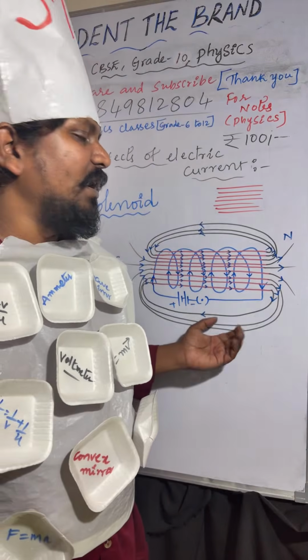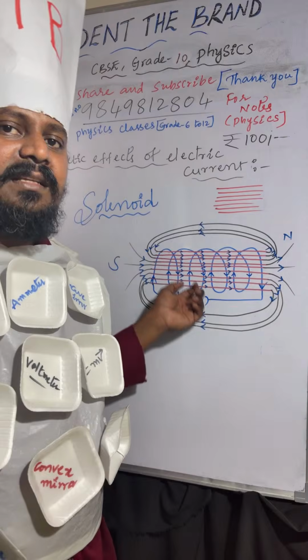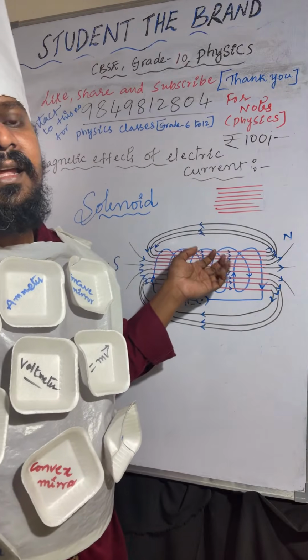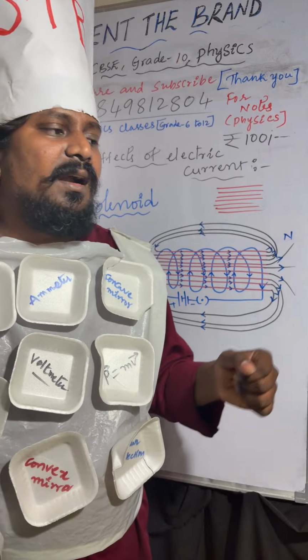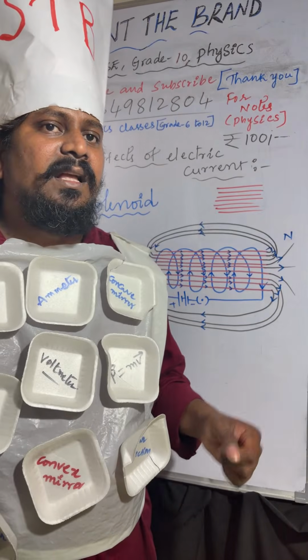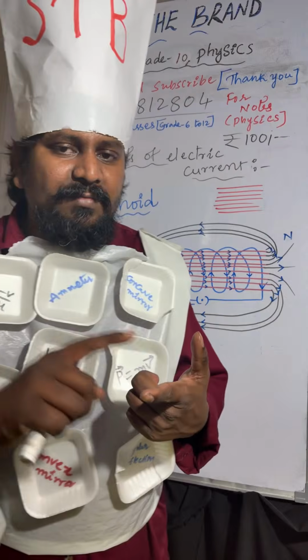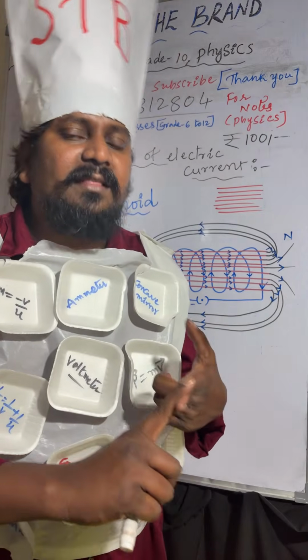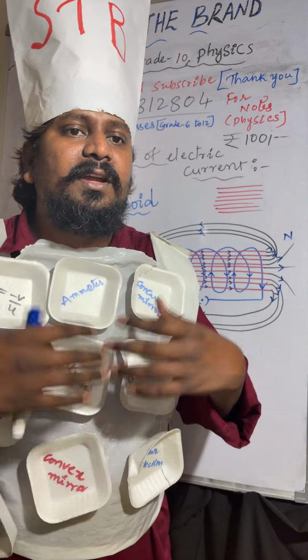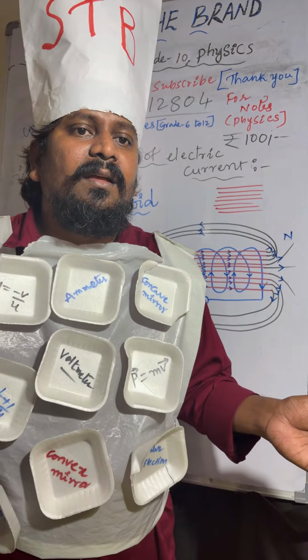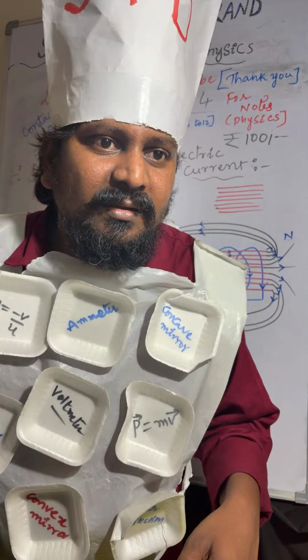If you add more number of cells, then the current increases, and automatically the magnetic field also increases. Here, by increasing the strength of current and by increasing the number of loops, we can increase the magnetic field. What is an electromagnet?